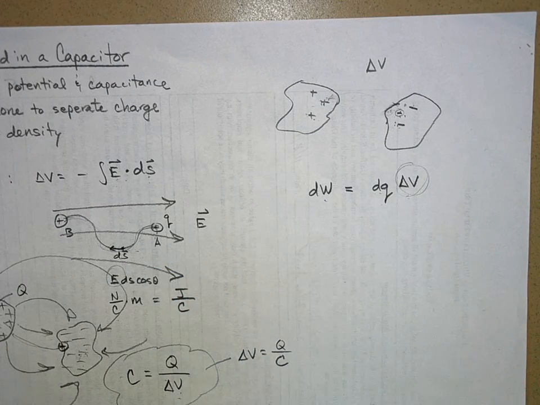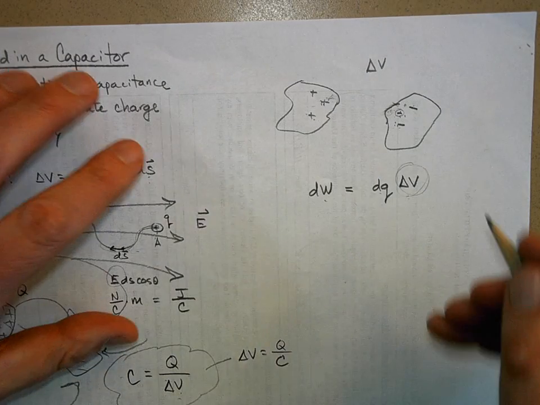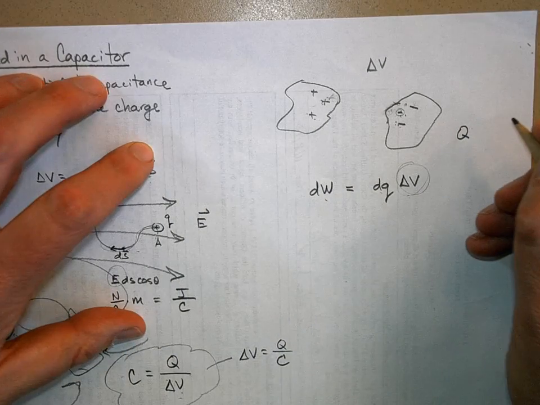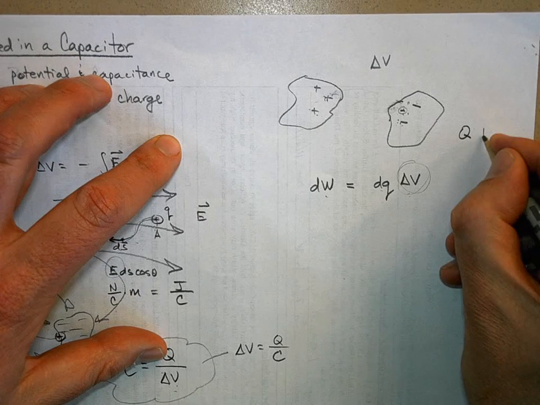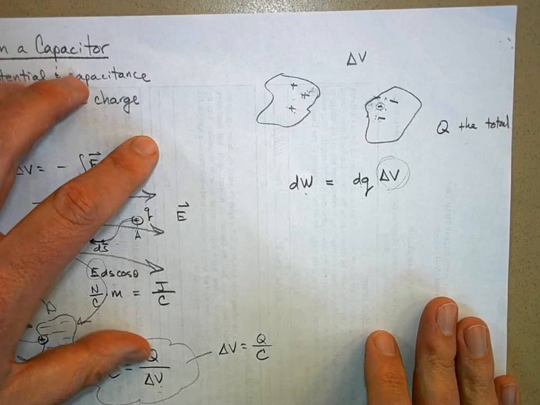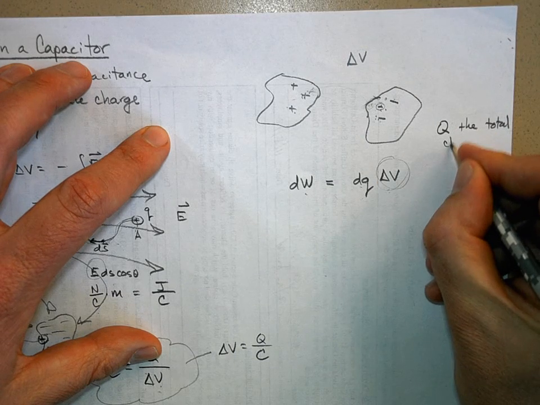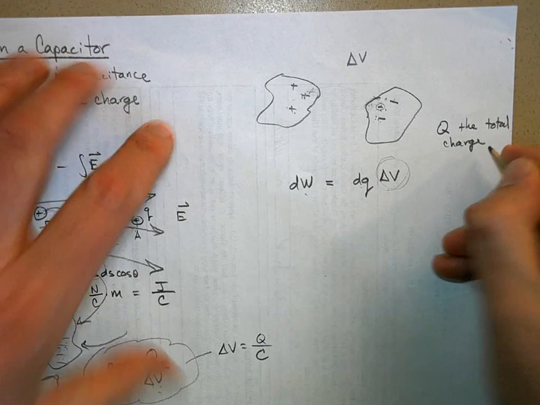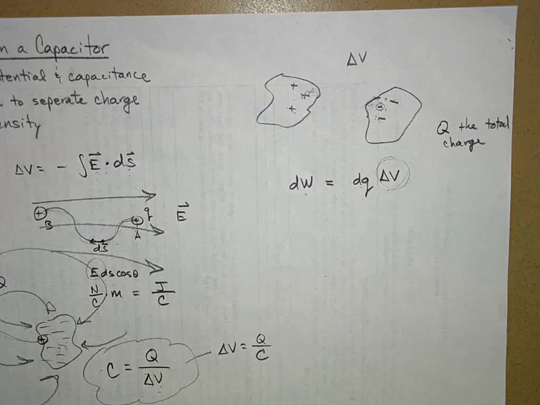So here's the difference between capital Q and little q. And this is right out of the book, so you can read the book. I'm going to use capital Q as the total charge. We use capital Q like we use capital R, like for the radius.